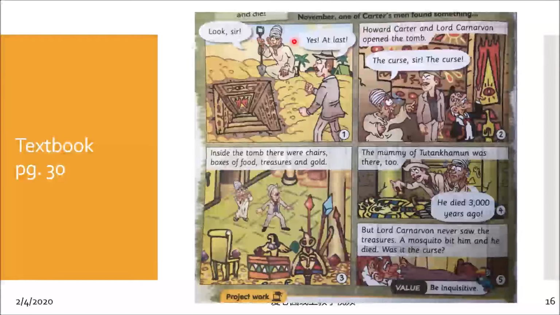Look, sir. Yes, at last, said Carter. Howard Carter and Lord Carnarvon opened the tomb. The curse, sir, the curse!